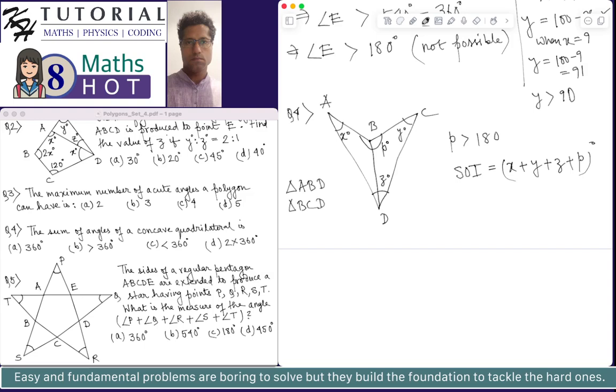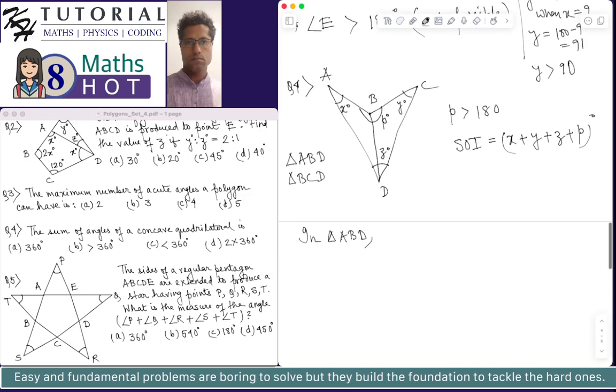Okay, now in triangle ABD. Now, why I am doing this kind of complex argument is that I know for a convex polygon, a quadrilateral means a convex polygon with four sides, and for a convex polygon with n number of sides, the sum of the interior angles is equal to 180 degree multiplied by n minus 2.